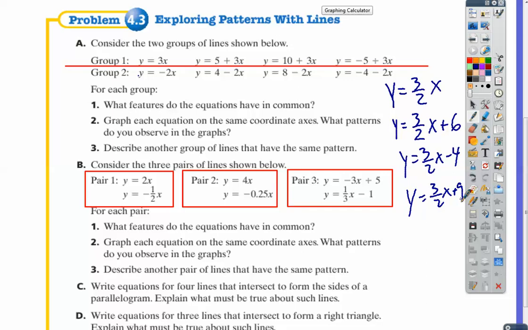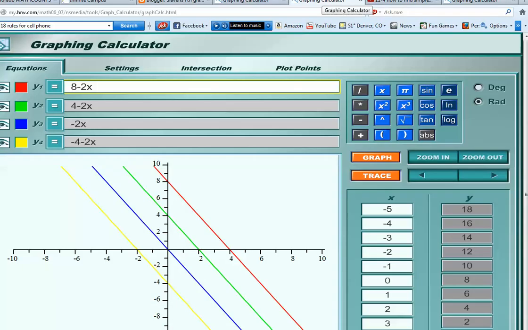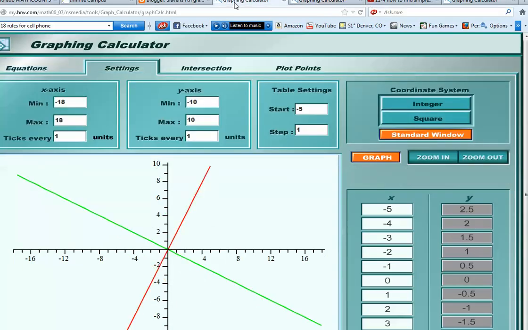So let's take a look at question B. We have pair 1, pair 2, and pair 3. So let's take a look at the graph of pair 1. All right. So when I take a look, I end up with two lines that look like they have a perpendicular intersection, right?